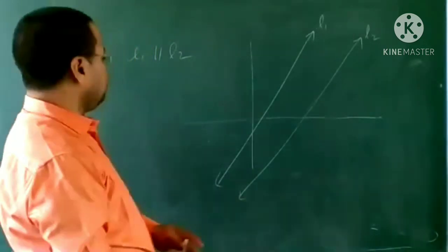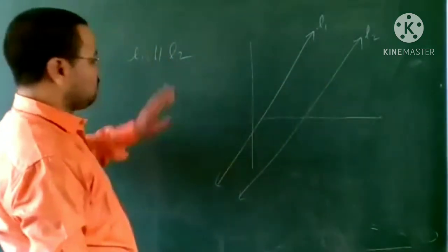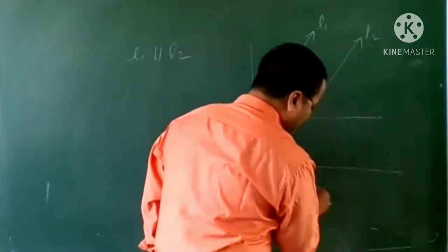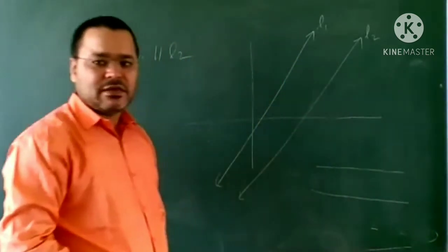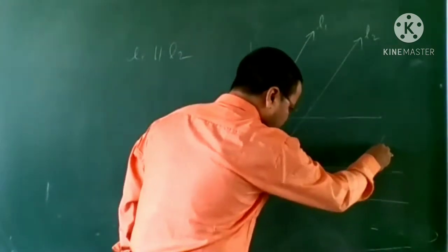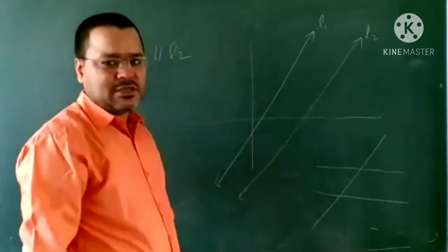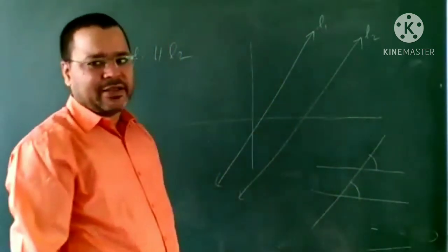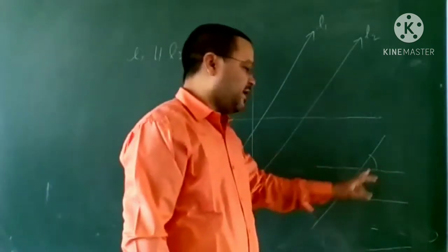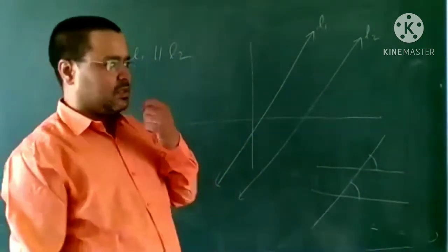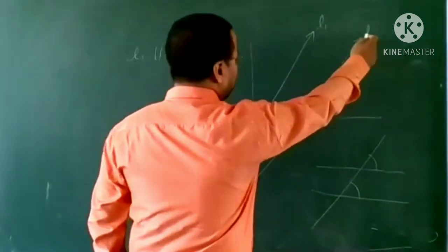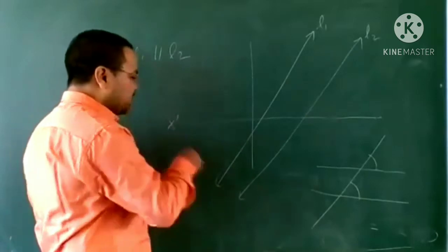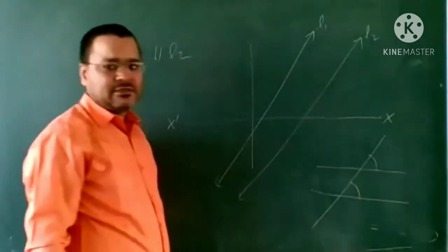So here line L1 is parallel to L2. In class 7 it is given that when two lines are parallel and one transversal line cuts these two parallel lines, then the corresponding angles are equal. Similarly, L1 is parallel to L2, and here the x-axis is like a transversal line.